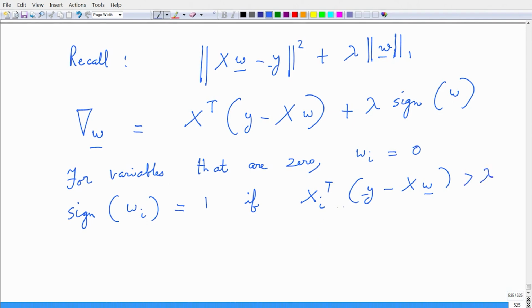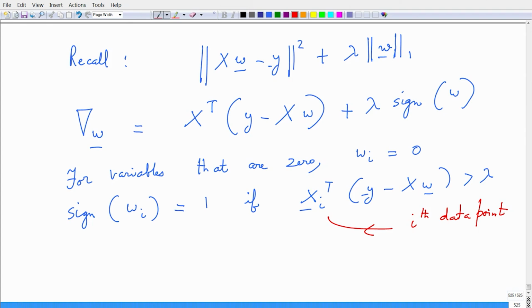That is, we look at the ith data point here, which is a 1 by n, and then we multiply this by y minus x w.